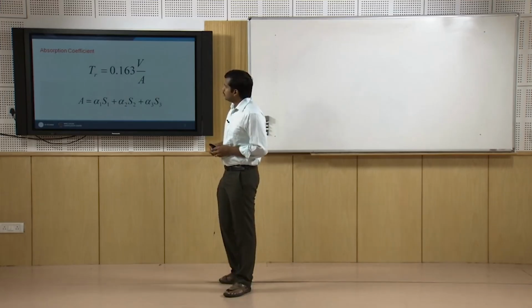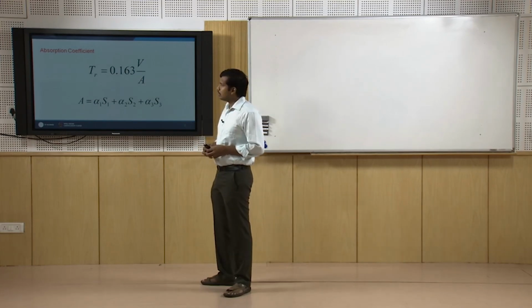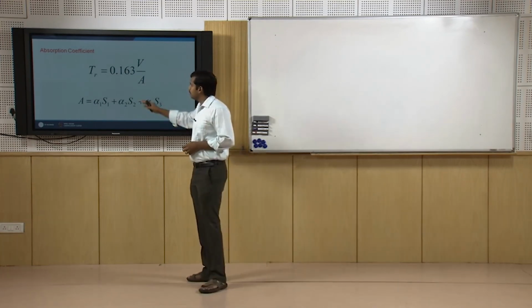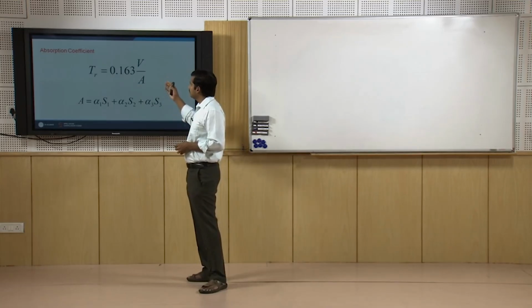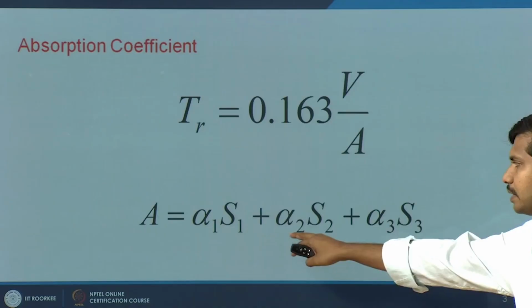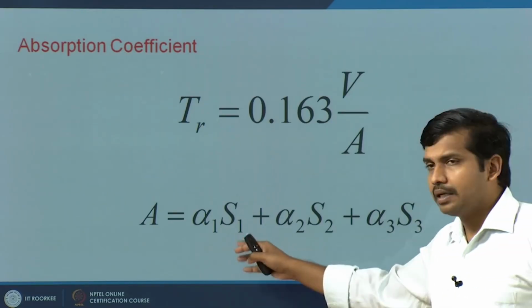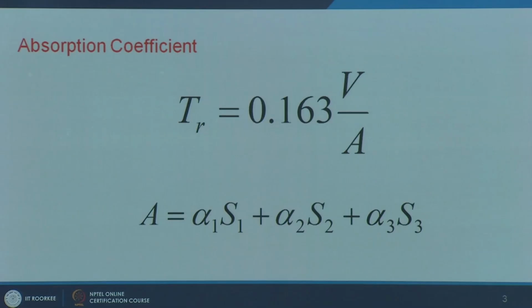A quick recap of what we saw last time. This was a reverberation time equation. This is Sabine's formula, where you have reverberation time which is equal to 0.163 volume by the absorption. A is alpha, that is called absorption coefficient of specific material into the surface area of that particular material's application.